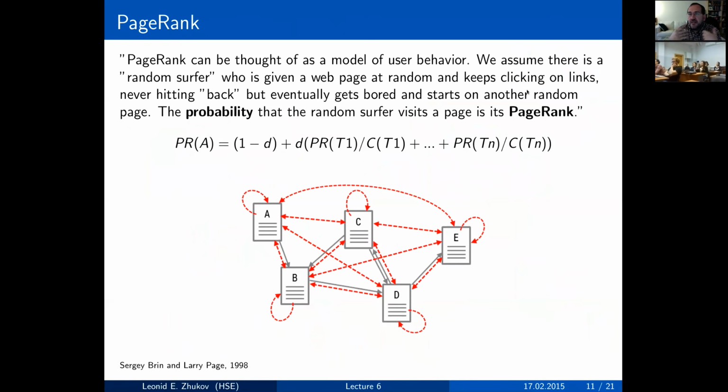One is keep clicking on the links: look at the web page, go to the next page that is linked from this one, and just keep doing it. Or at some moment the person gets bored and just goes somewhere else on the web. Or if there are no outgoing links, he or she just goes somewhere else on the web.